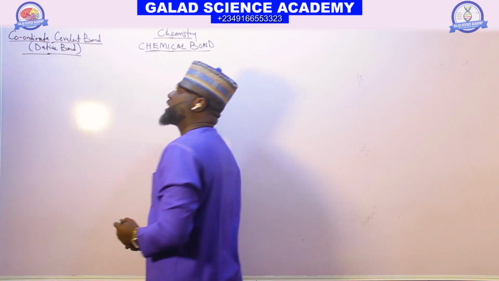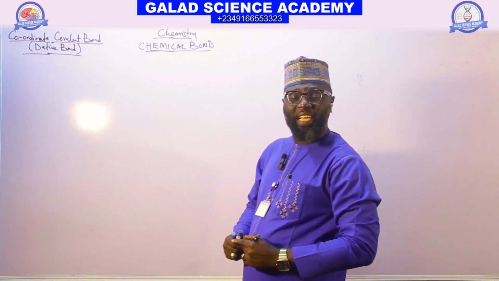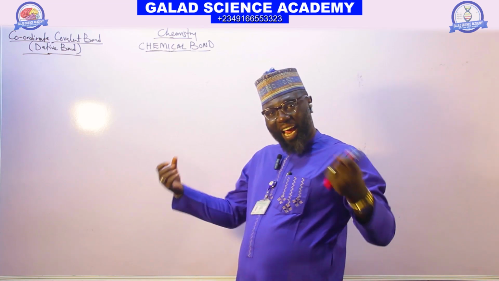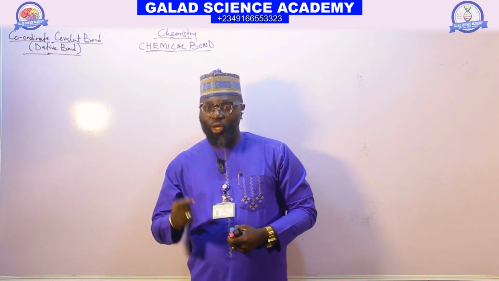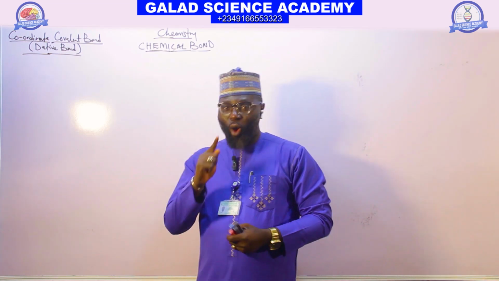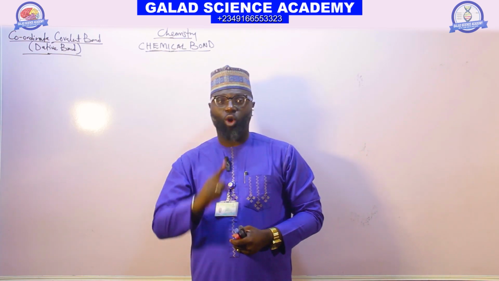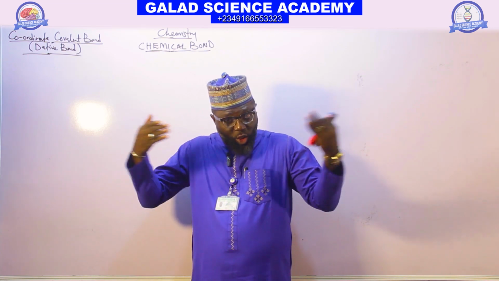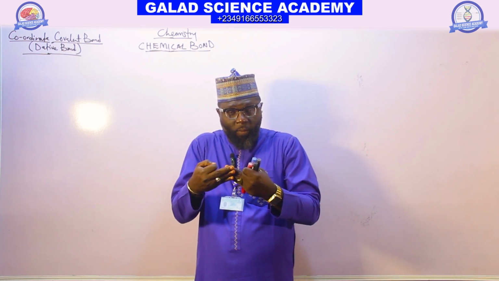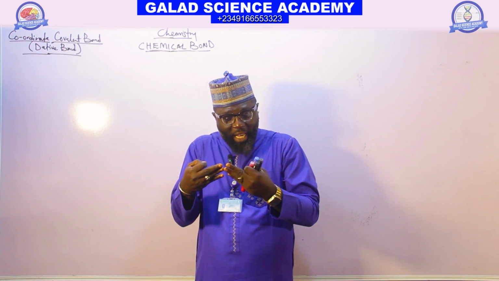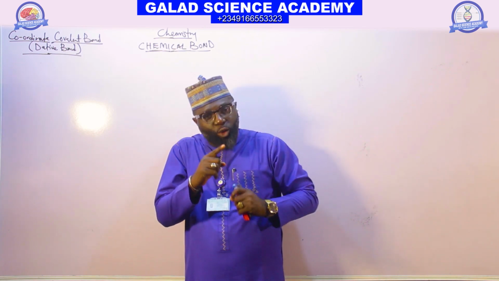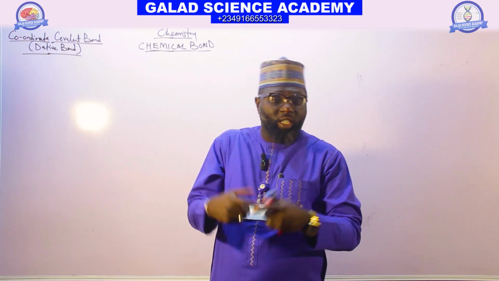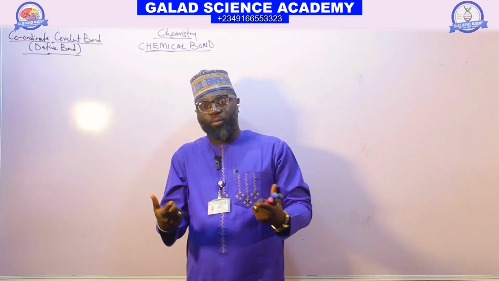So what is a coordinate covalent bond? It's a special case of covalent bond in which the shared electron is donated by one atom only. In a covalent bond, the two atoms donate the shared electrons together. But in this case, only one atom donates the shared electron for the bond. It's just like parasitism.